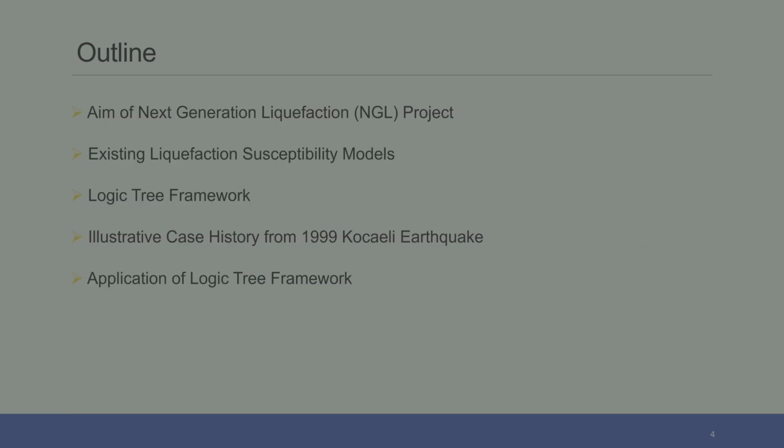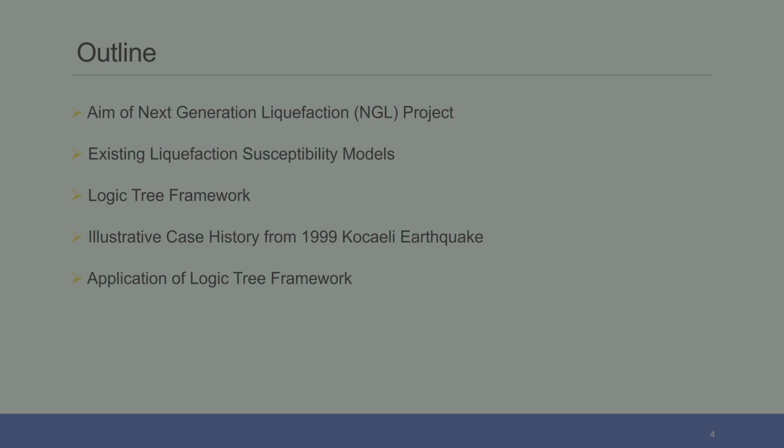For today's talk, this is my outline. I will briefly talk about the aim of the Next Generation Liquefaction project. Then I will move on to the existing susceptibility models. The reason I discuss these is that I am going to use them for the framework that we are going to illustrate today.